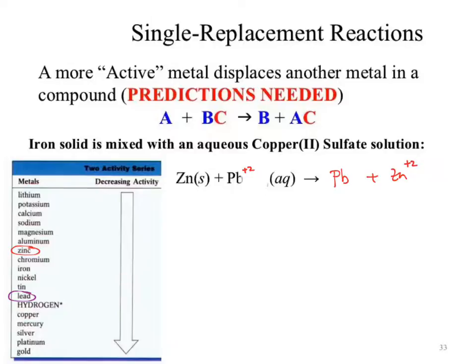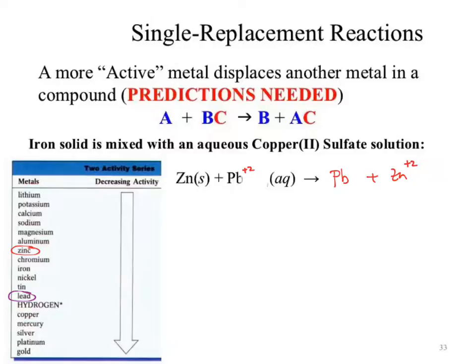Now how do we use the it-wants-to-be-partnered-with-something rule? Neither of them are partnered with anything, so that makes it more difficult. So we can use the partner rule, or what we could do is say, which one is charged? The more active the metal, the more it wants to be charged. Zinc wants to be charged.